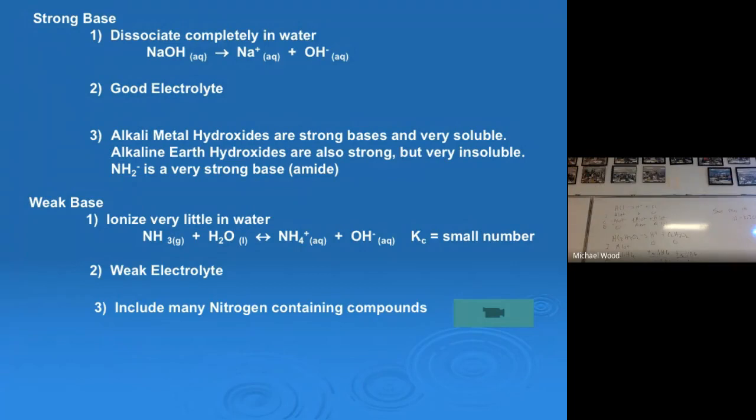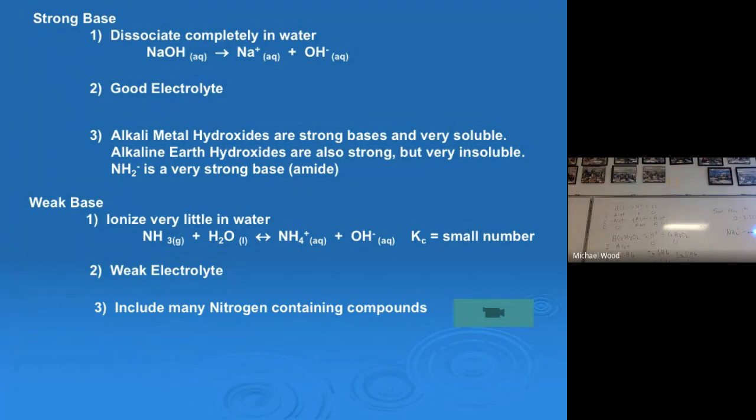So that's the list of strong bases: the alkali metals with hydroxide, as well as Ca(OH)2, Sr(OH)2, and Ba(OH)2. The other one, which I don't think comes up in any problems, is technically the strongest of all bases: NH2 negative, called the amide ion.